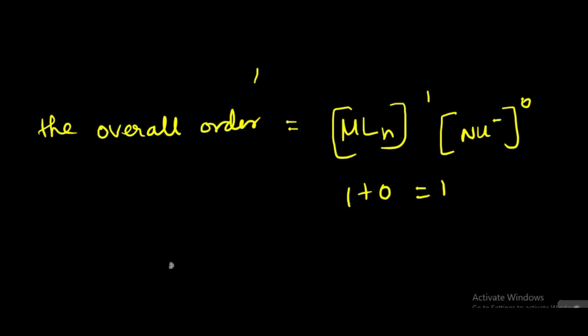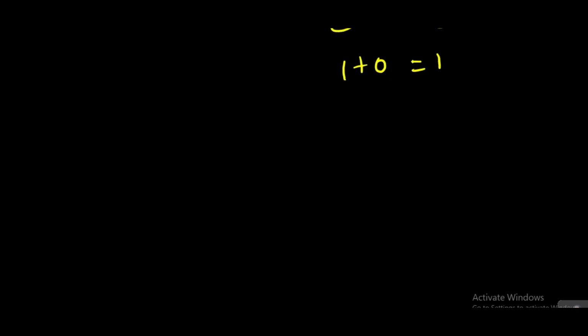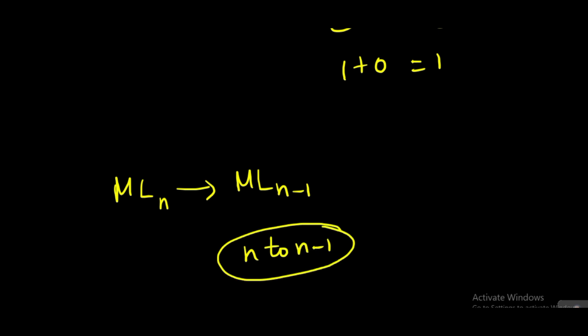In the formation of the activated complex in an SN1 reaction, the coordination number of the metal is decreased by 1. Because only one ligand is removed here, the coordination number of the metal is decreased from n to n minus 1.